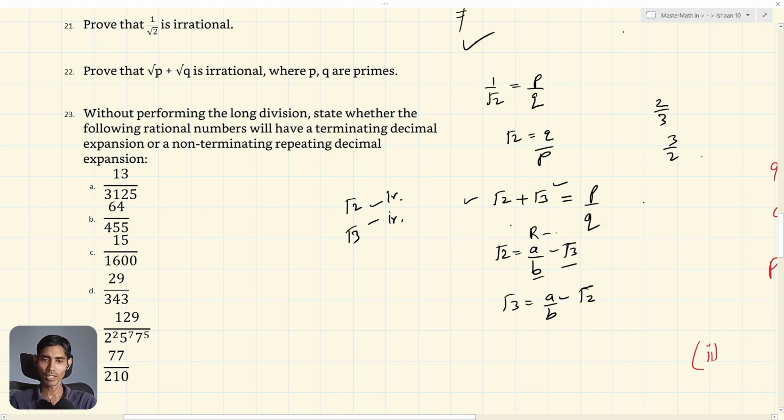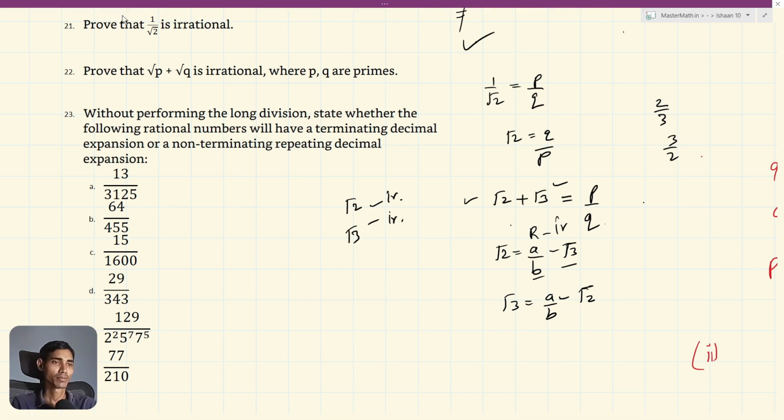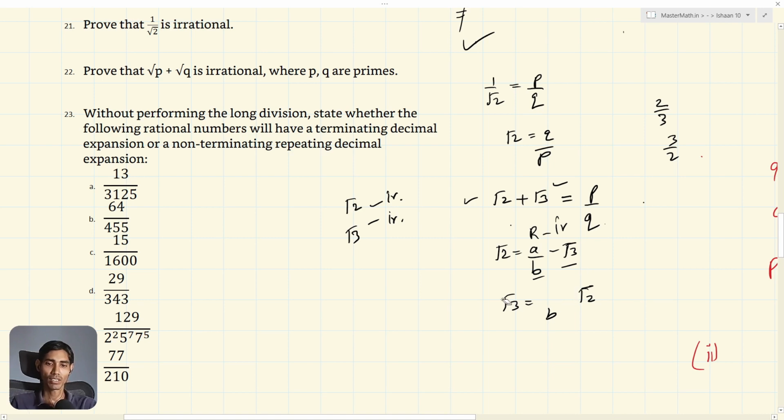This is rational minus irrational. So rational minus irrational is irrational. Okay, square both sides. What do we get?